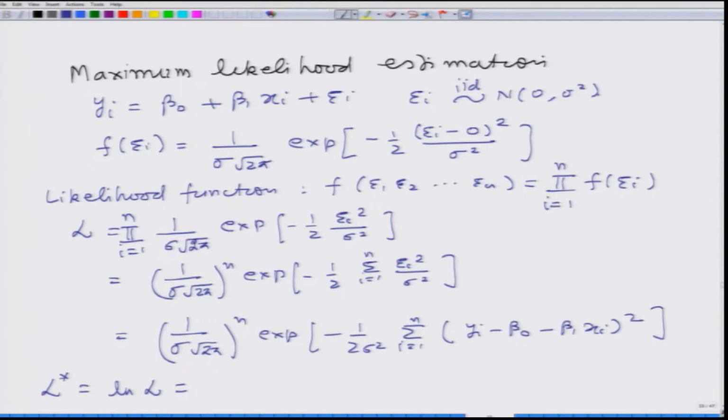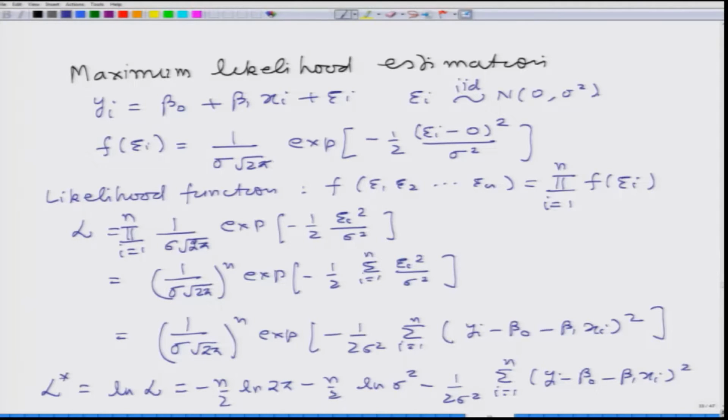This is going to be minus n by 2 natural log of 2 pi minus n by 2 log of sigma square minus 1 over 2 sigma square summation i goes from 1 to n of (y i minus beta 0 minus beta 1 x i) whole square.